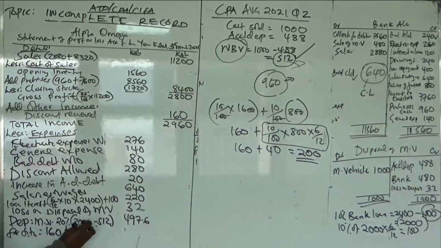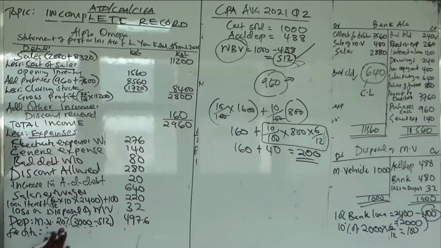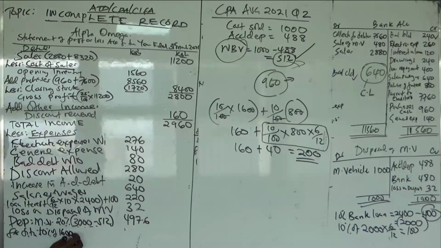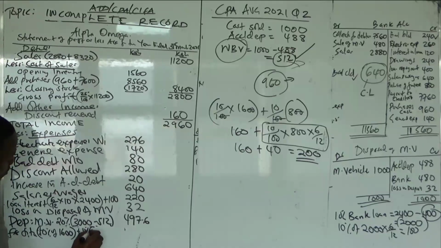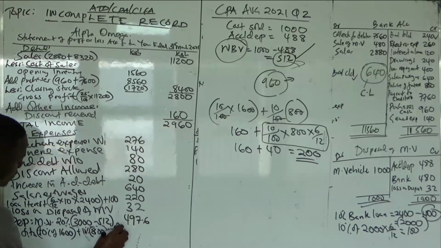We add the one prorated, which is 10%. Let me put it down properly. It will be 10% of 1600. Then you add 10% of the amount added but times 6 all over 12. That is what you get.